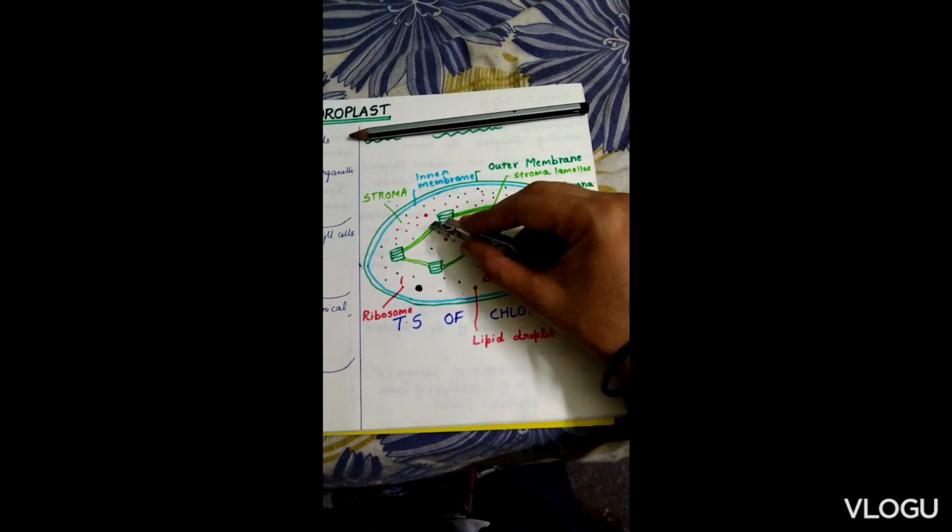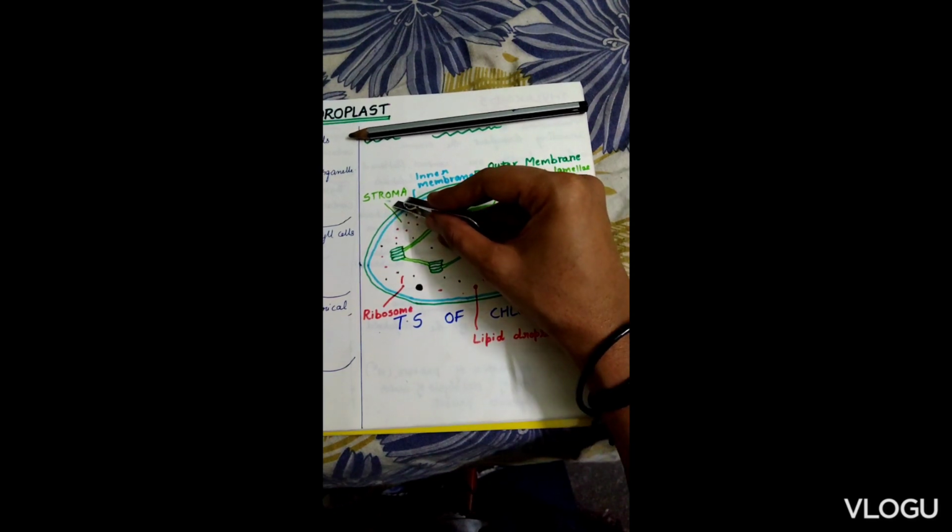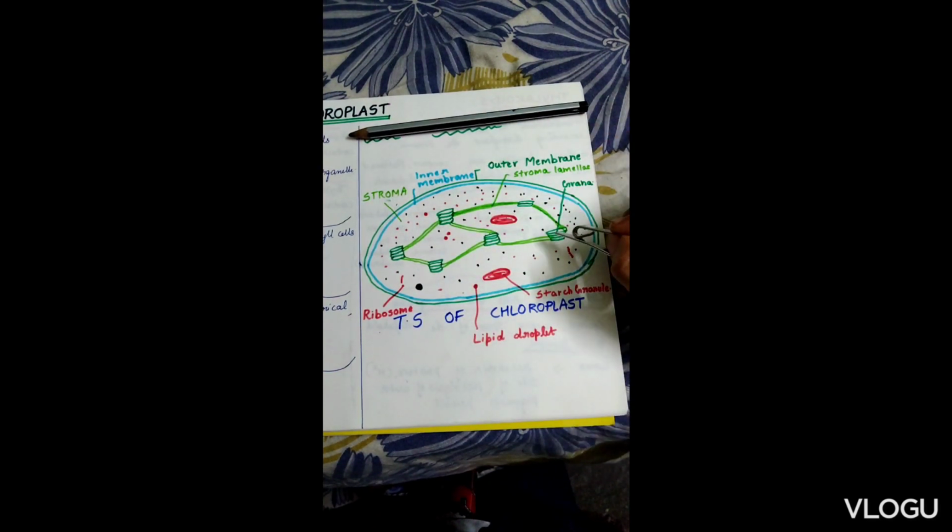Coming to the inside of the chloroplast, the whole space inside is called the stroma. In the stroma you can see structures looking like one coin above another. The way we place one coin above another, in the same way they are present, and that is grana.